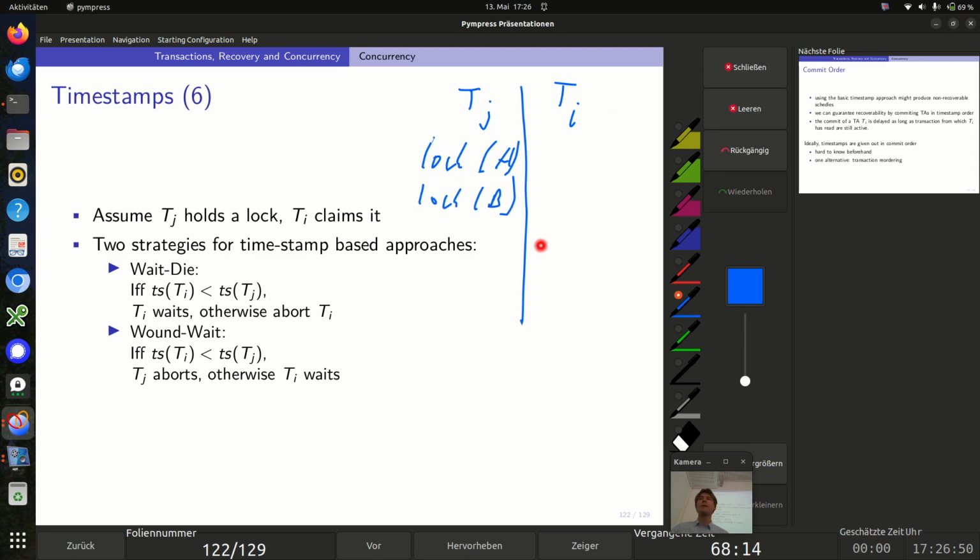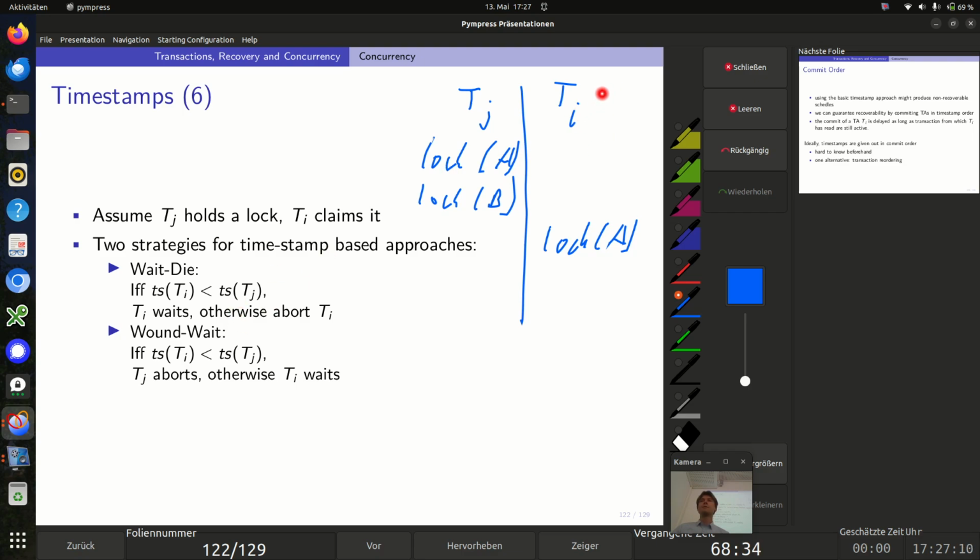And now TI wants a lock. So TI is the older one.